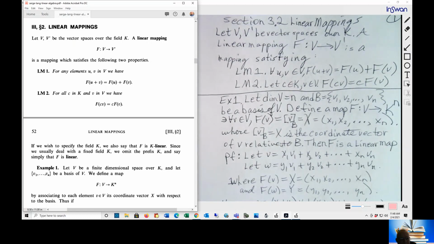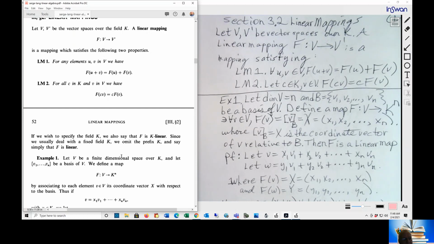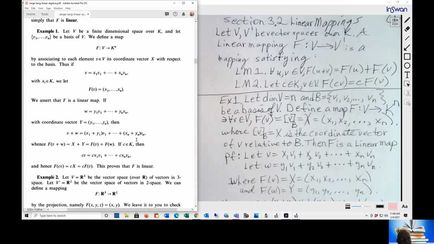Now let's look at the first example. Very important example. Example 1. This example identifies finite dimensional vector spaces as being equivalent, or what we call isomorphic to, Kn.